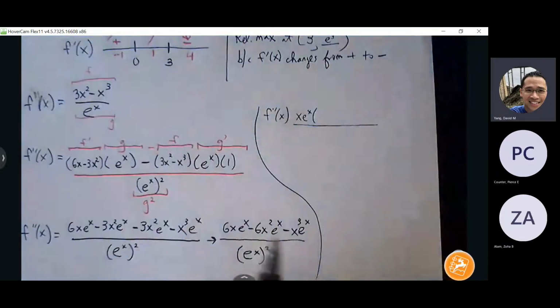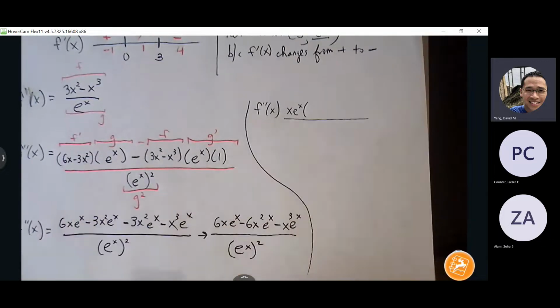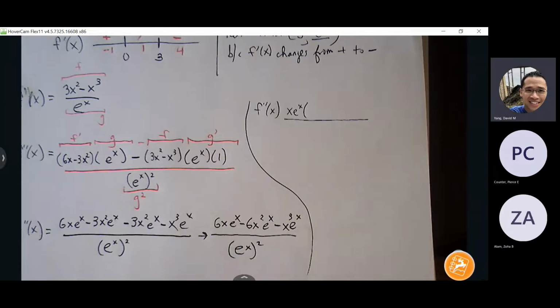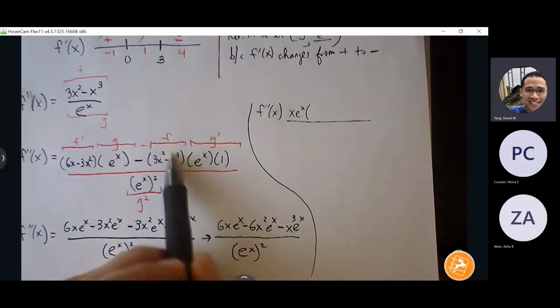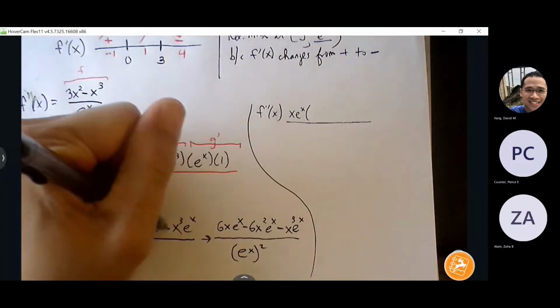I'm going to rearrange this so that I can get it into what I think is factored form, or into a trinomial with the highest degree. Oh, I'm sorry, this should be a plus, my bad. So if I distribute this negative through, plus x cubed e to the x.